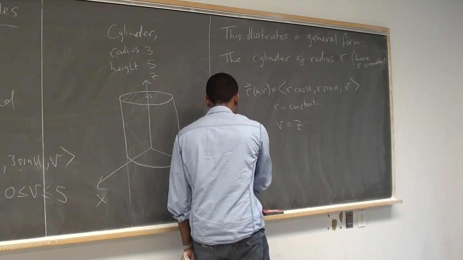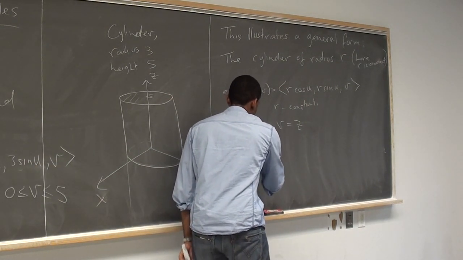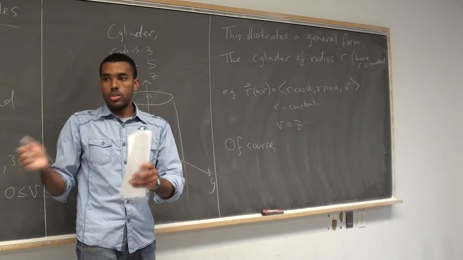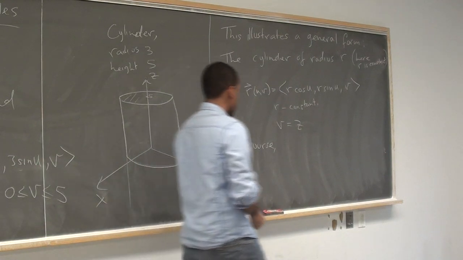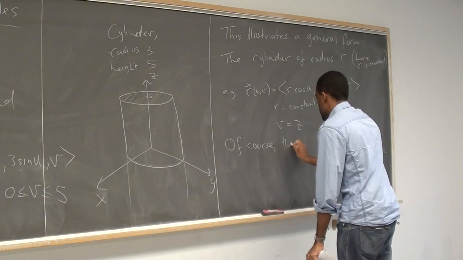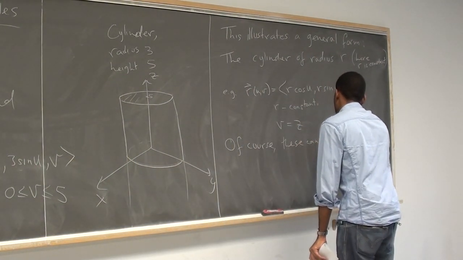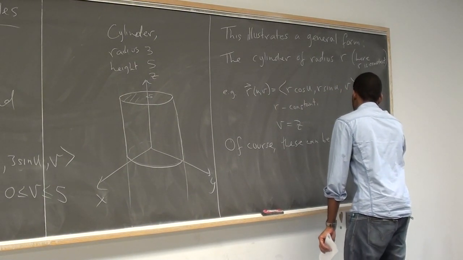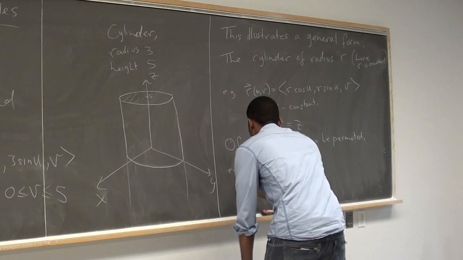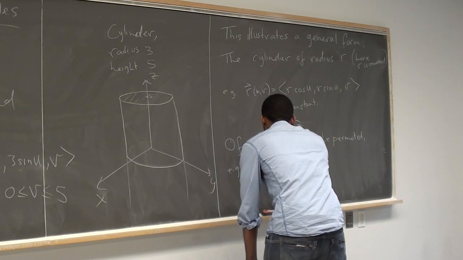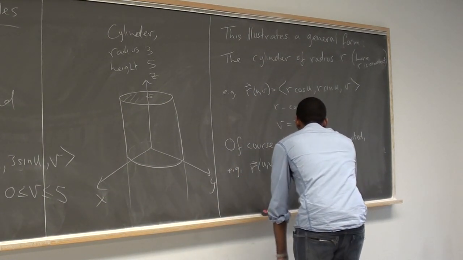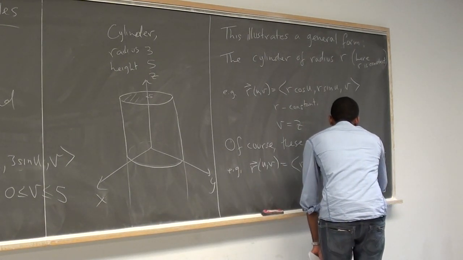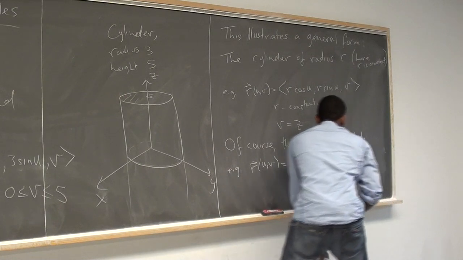Of course, one thing you're going to have to remember in 3-space is you can always shuffle things around. These can be permuted. For example, r of u,v equals r cosine u, v, r sine u is also a cylinder.